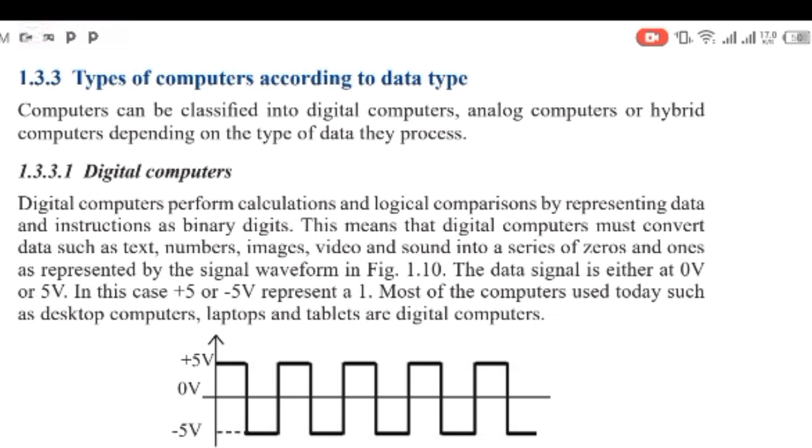As I said, the first type is digital computers. What are digital computers? Digital computers perform calculations and logical comparisons by representing data and instructions as binary digits.